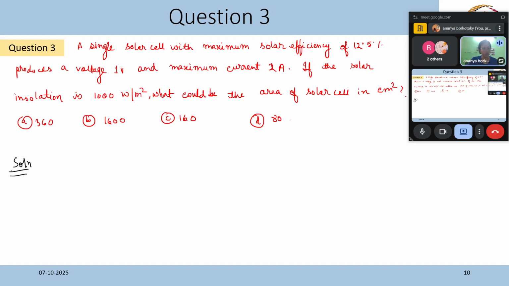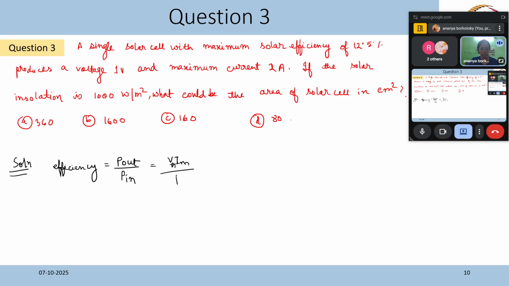So, the efficiency of a solar cell. I have not discussed this formula today, but you already know it from the lecture videos. It is the output power that we are getting divided by the input power. Output power is our voltage into current. Normally we find it at the maximum power point, Vm into Im.